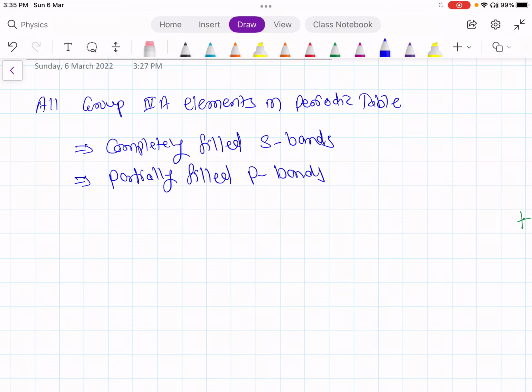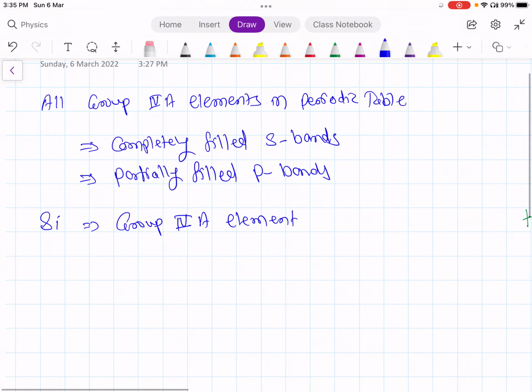Silicon also, we are considering silicon. Silicon is group 4A element in periodic table.